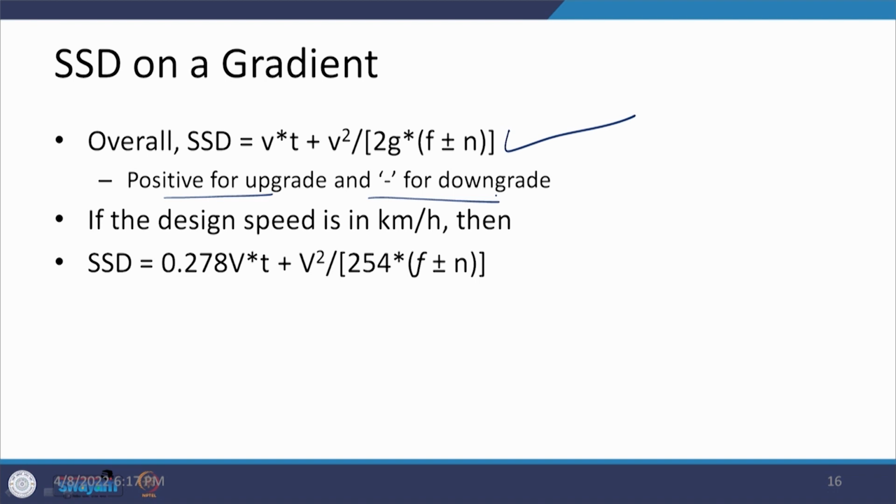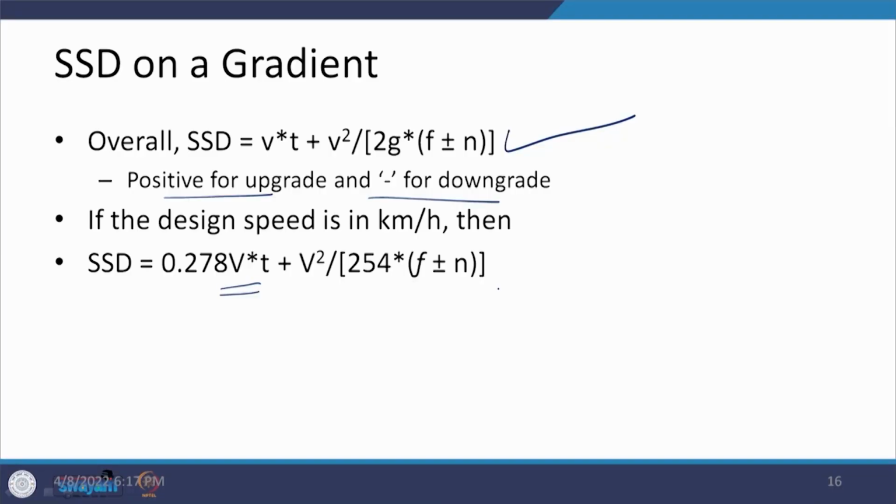When you are going upward, the positive sign means it reduces the distance. When you are going downward, it increases the distance by a certain value. If you are using capital V, that means kilometers per hour, then the simple change is 0.278 v into t plus v square divided by 254 into f plus minus n.